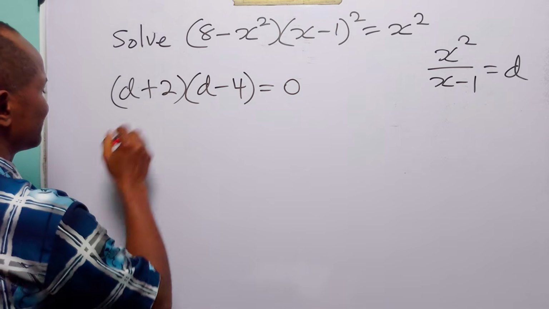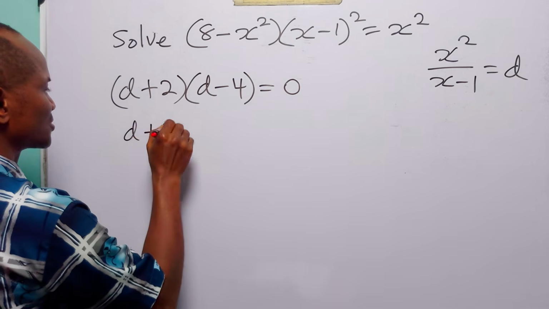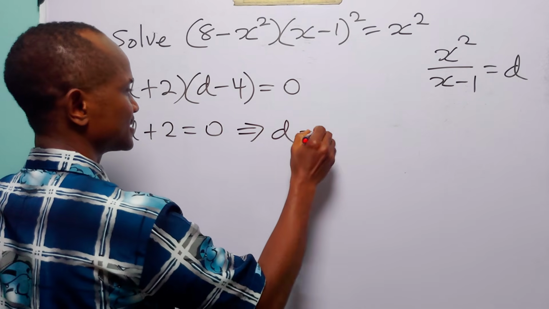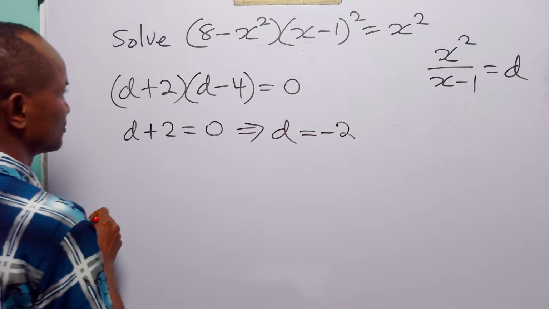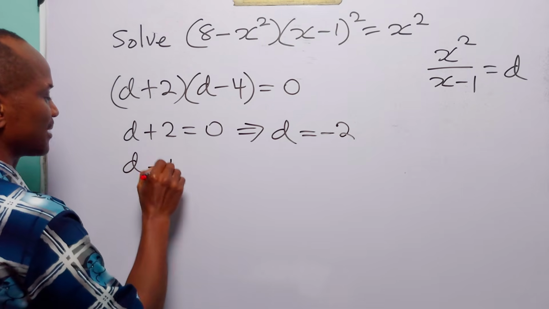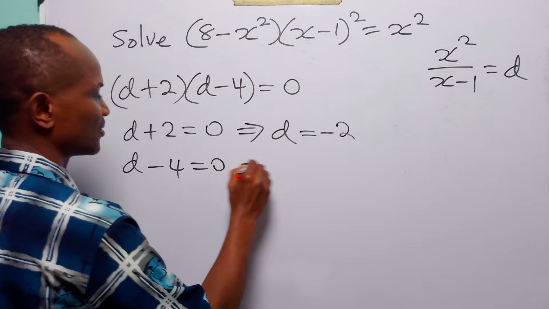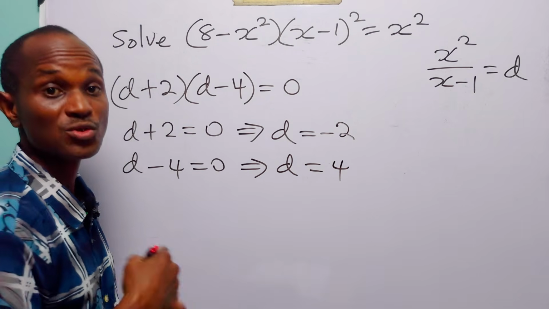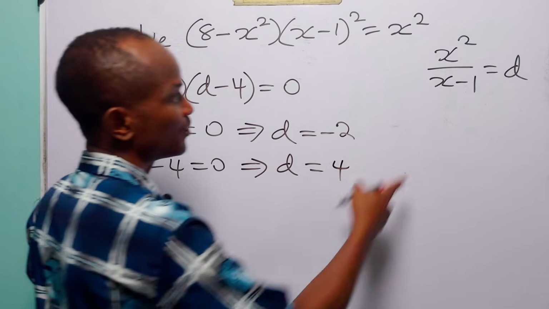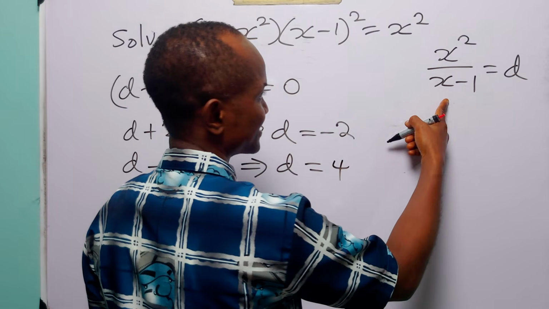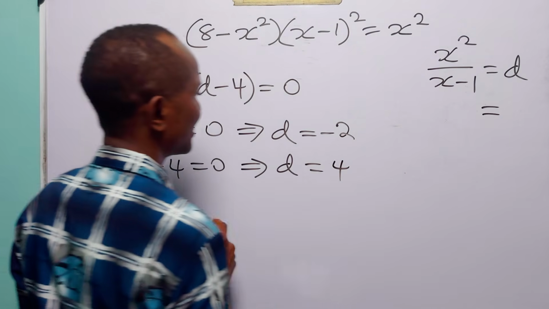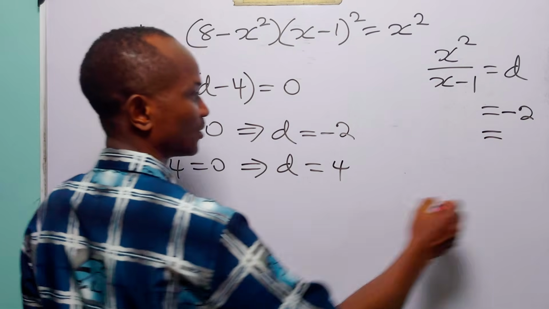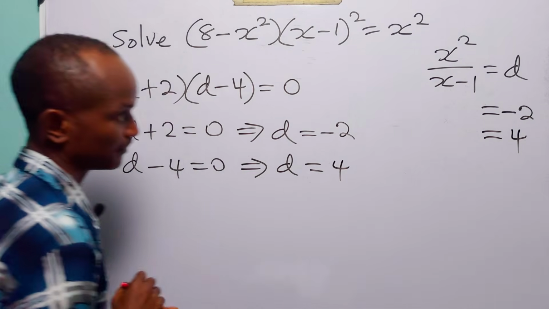And of course, from here we have that either d + 2 is equal to 0, from where d is equal to -2, or d - 4 is equal to 0, from where d is equal to 4. So we have two values for d, which means that x² over x - 1 is either equal to -2 or equal to 4.